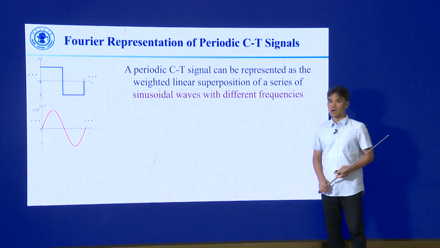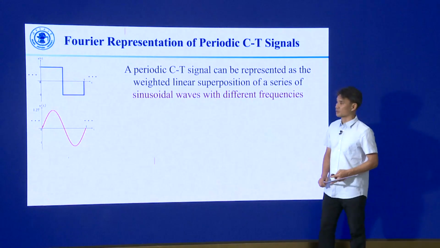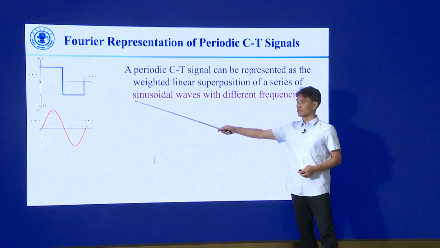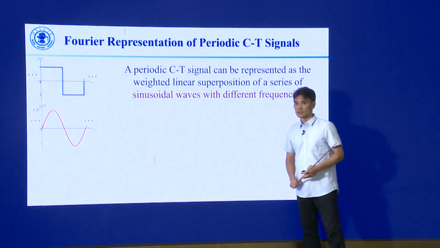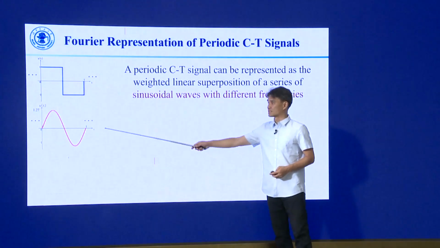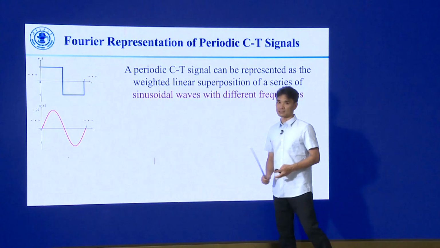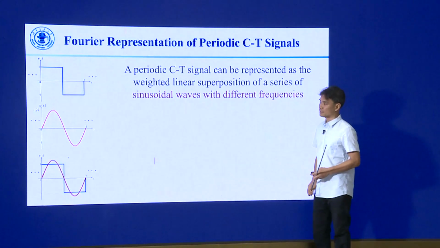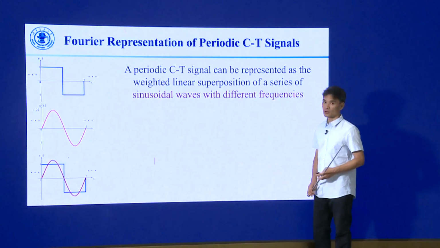If I allow you to use only one sinusoidal signal, then you're probably going to use a sinusoidal signal with the same period to approximate it, but we can see the error is rather large.